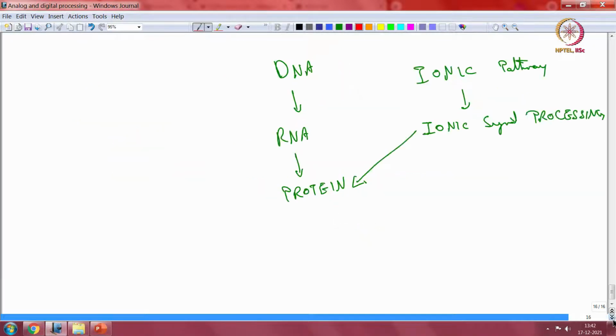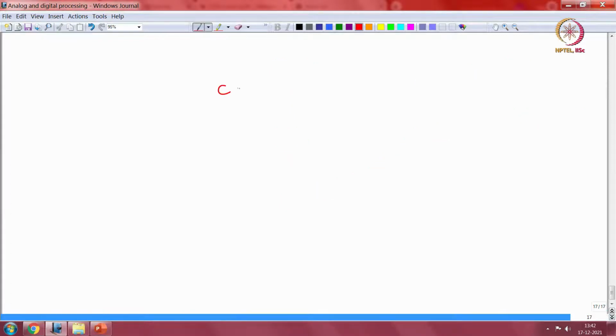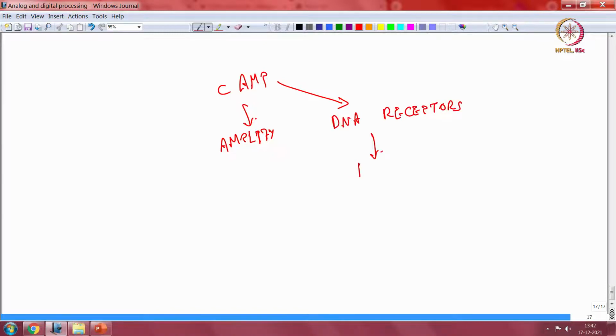Cyclic AMP in turn can do multiple functions. They again can amplify. They can actually intervene and attach to DNA receptors, which in turn results in RNA formation, which in turn results in proteins.